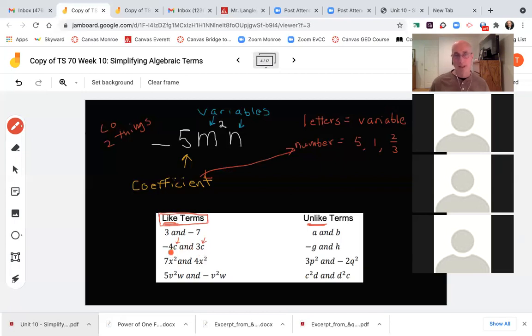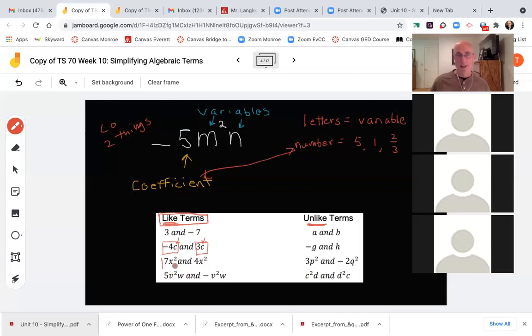They both have c in them, so they're considered like terms. -4c is a term that's just c. It's not c squared, it's not c to the third. It's just c, and this is a like term because it's just 3c. Like terms.